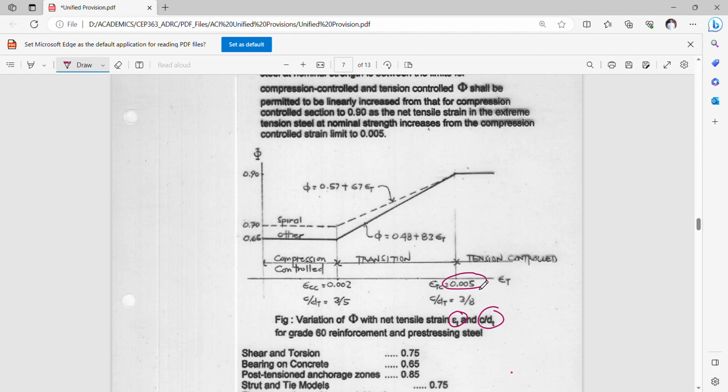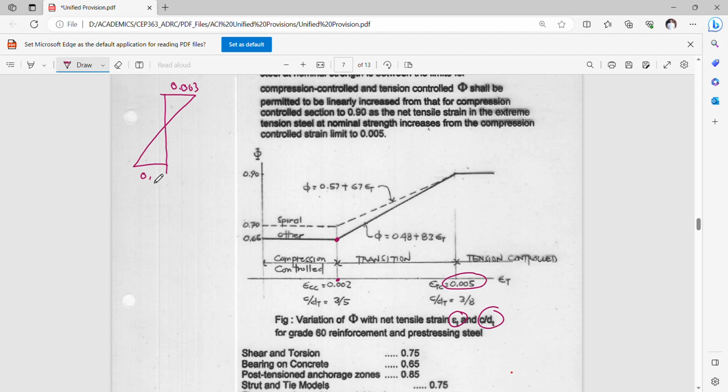So for the boundary points, we know that at 0.002 we have c over dt equivalent to 3/5. It can be graphed by simply looking at this simple strain diagram.